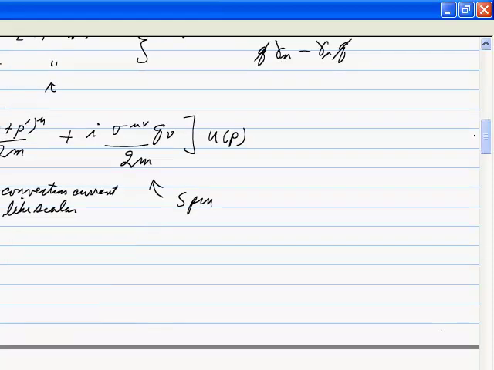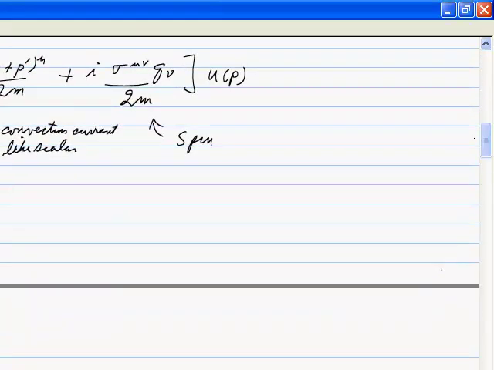And then let me very quickly show you how g minus 2, g is equal to 2 lives there. This is the derivation I did really quickly last semester, but let's just go through it again.